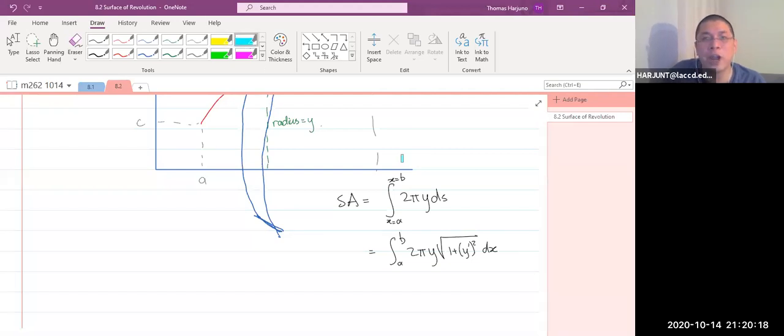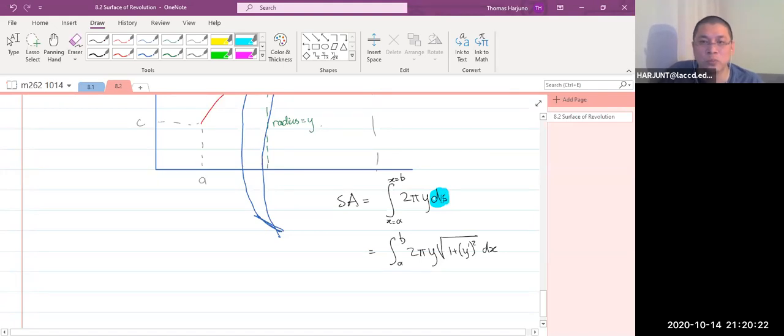But if you change your ds in terms of y instead, it becomes the integral from c to d of 2 pi, still y.